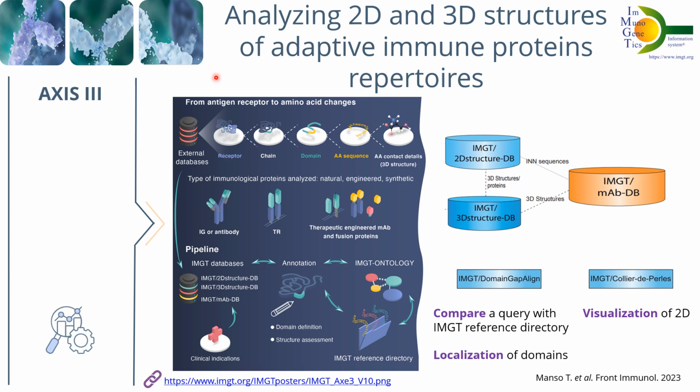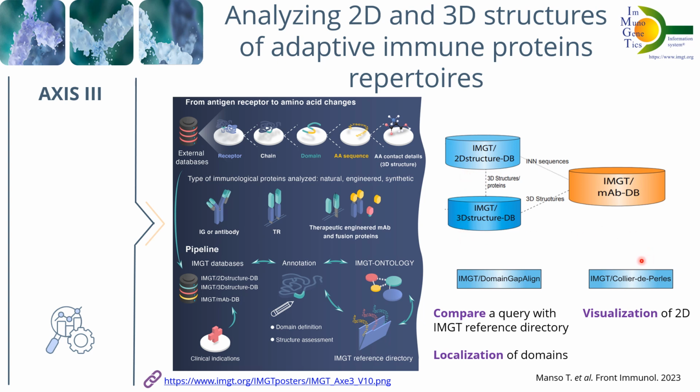We are now moving to the third and final axis of R&D within IMGT, transitioning from nucleotides to amino acids. So basically, if we focus on this upper part of the poster, we see receptors, chains, domains, amino acid sequences, and contact details that are analyzed, and the data are integrated within the IMGT 2D structure DB and IMGT 3D structure DB.